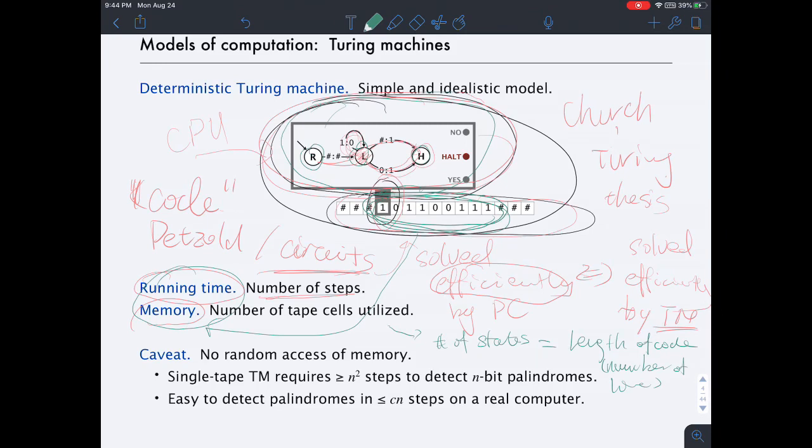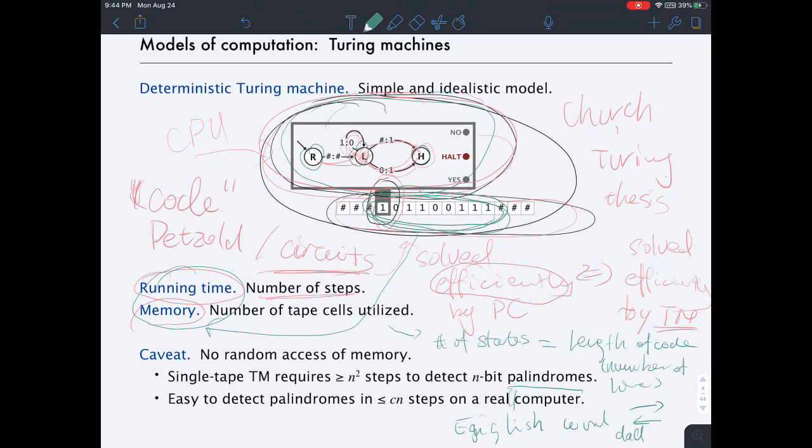And it's also unfair because under this model, even solving simple problems can take an excessive amount of resources. For example, if we want to solve the so-called palindrome problem, it's going to take n squared running time. A palindrome is really just a word that reads the same from left to right as from right to left.